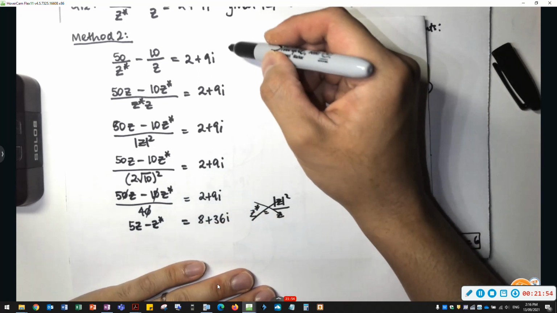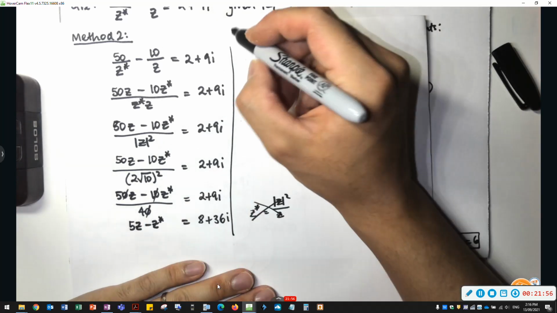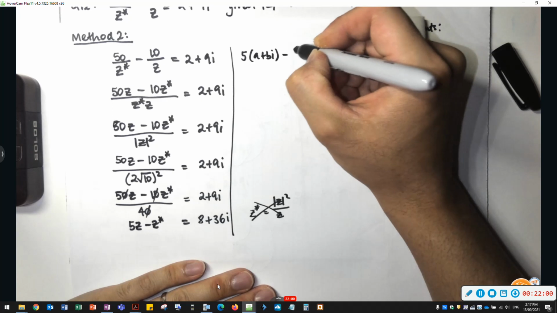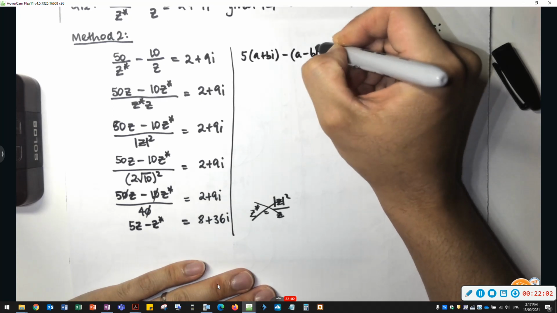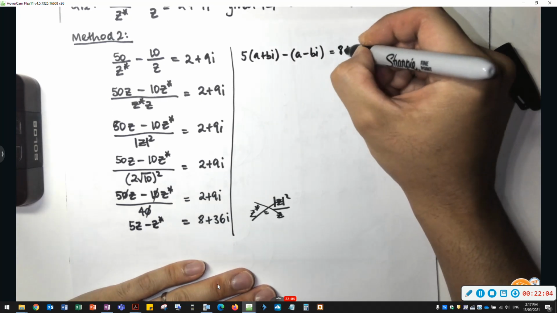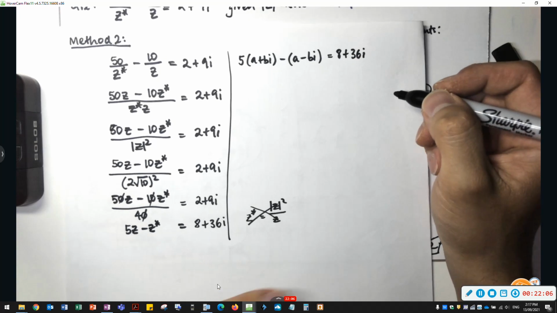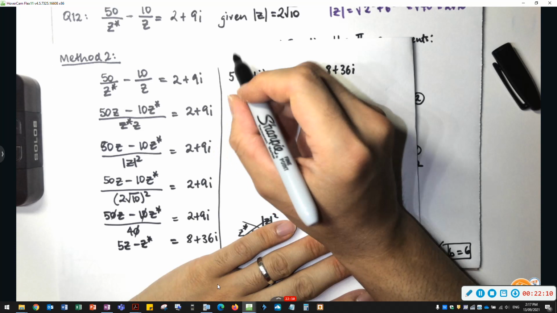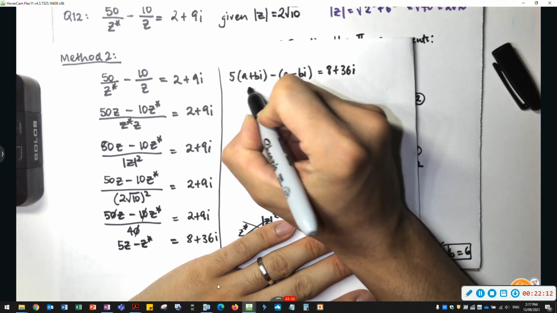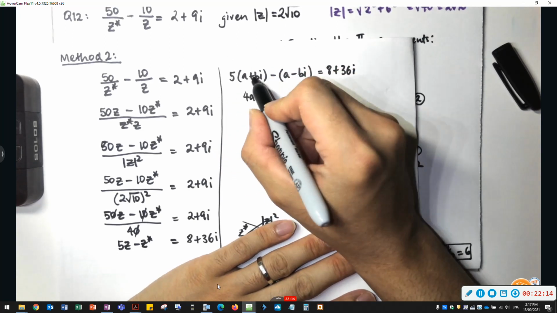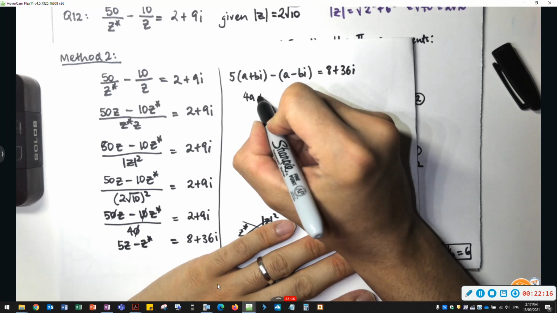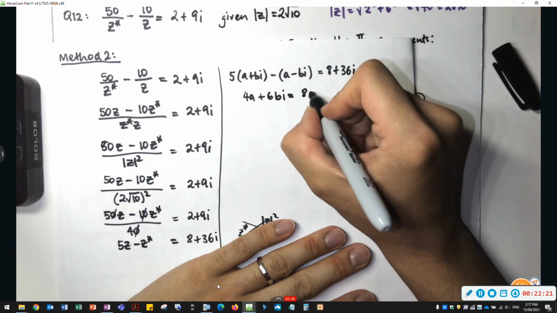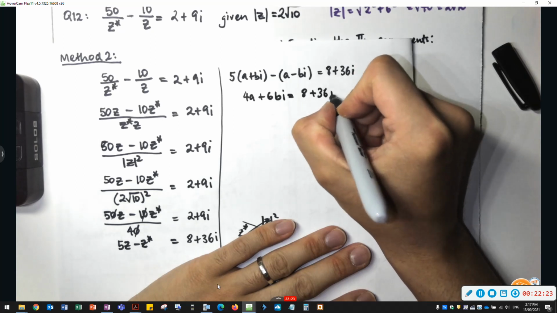So now I've got 5 times a plus bi minus a minus bi equals 8 plus 36i. So now I've got 5a minus a, which is 4a, and I've got 5b plus b, which is 6bi, equals 8 plus 36i.